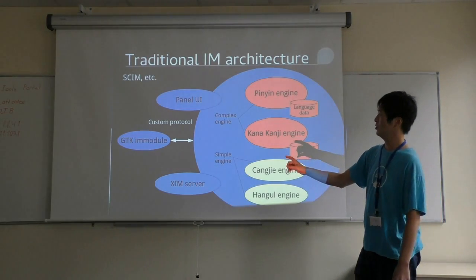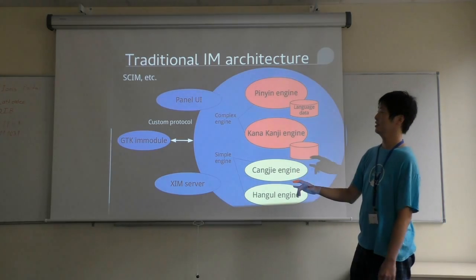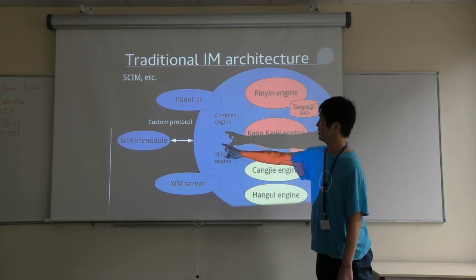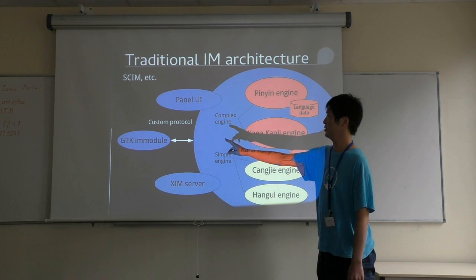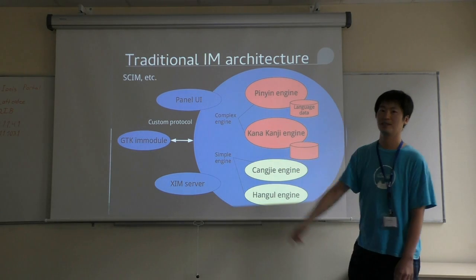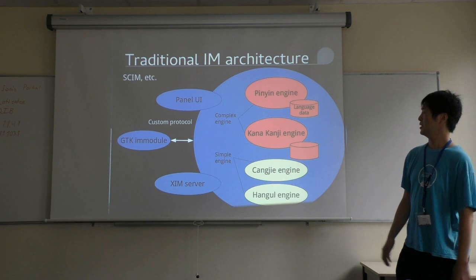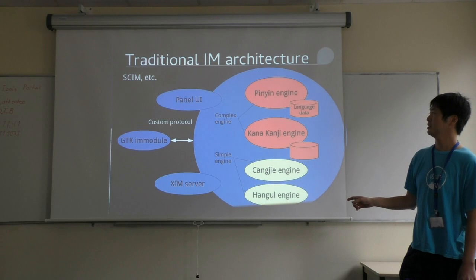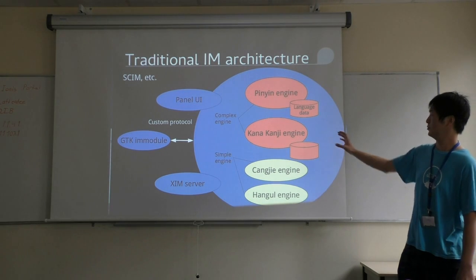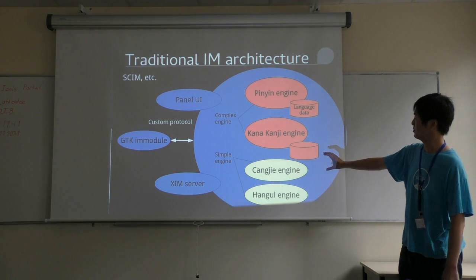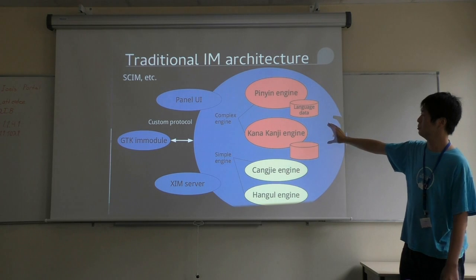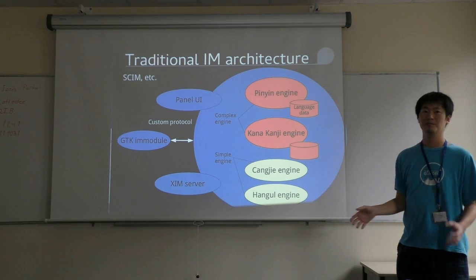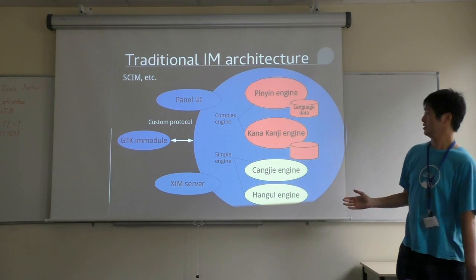And for providing input method features, GTK applications communicate with this system through the GTK IM module. But this architecture has a potential drawback, because if some of the engines crash, then the entire system will be unusable.